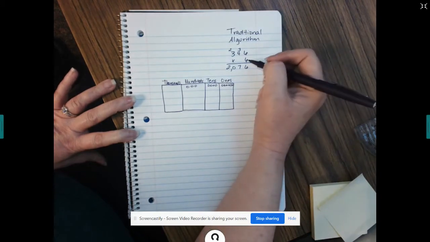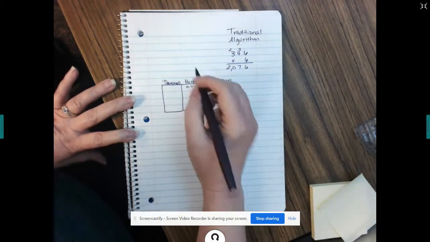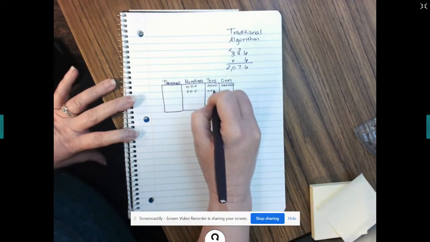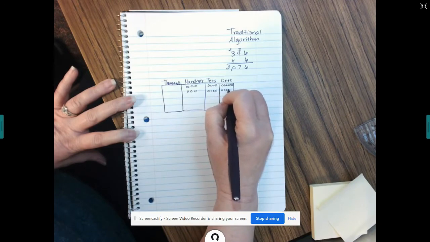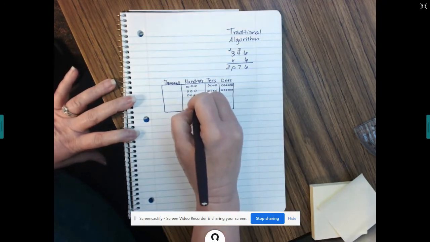Now I'm multiplying that times 6, so I want 6 rows of these. Bear with me. 1, 2, 3, 4, 5, 6. This will take a while.